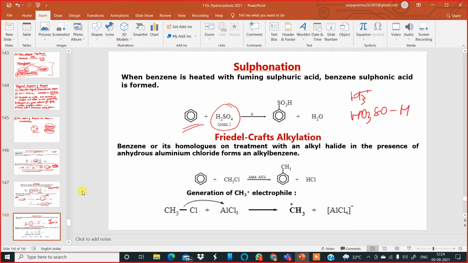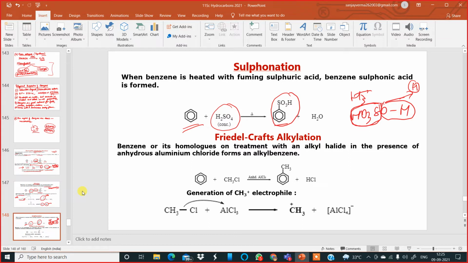So this SO3H part, the OH is going away, combining with the hydrogen from the carbon atom to form water, and this part is replacing the hydrogen. It is taking that place to form sulfonic acid. This is called benzene sulfonic acid. Benzene sulfonic acid is an important compound; as you have already seen in the previous slides, it is used to prepare benzene also. Now that is sulfonation.